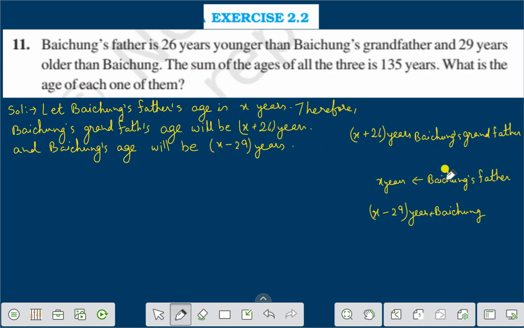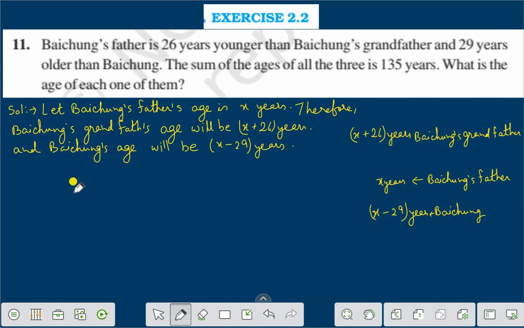Suppose the age of Baichung's father is X years, therefore Baichung is 29 years younger, that is X minus 29 years, and Baichung's father is 26 years younger than the grandfather, that means the age of Baichung's grandfather is X plus 26.